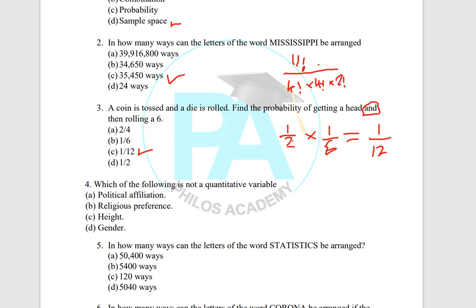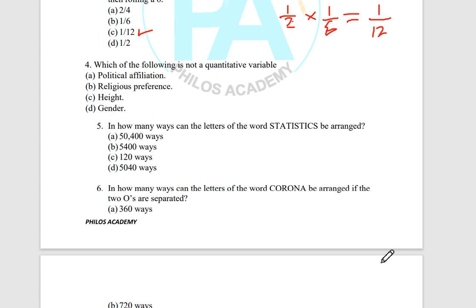So let's proceed to question 4. Question 4 says, which of the following is not a quantitative variable? So let's look at which of them is not a quantitative variable. Political affiliation is a qualitative variable.